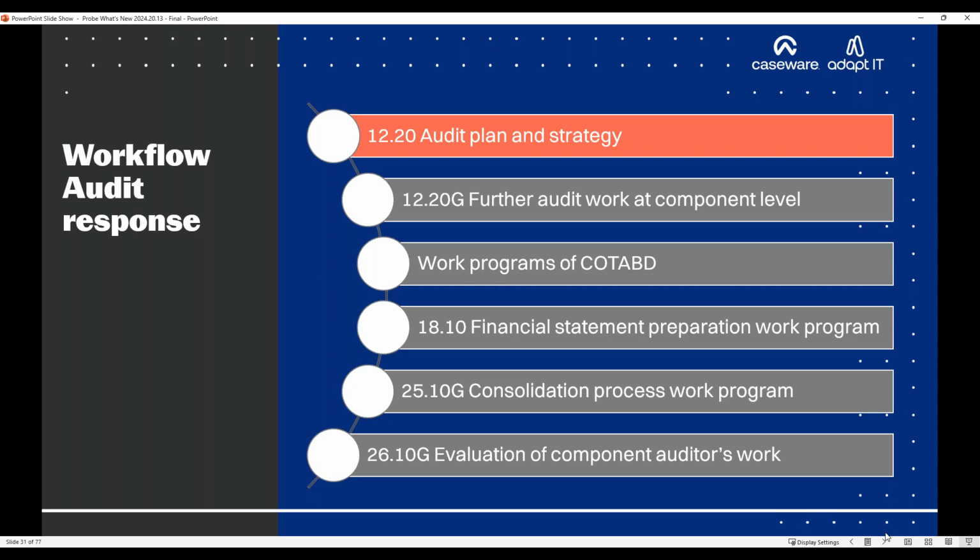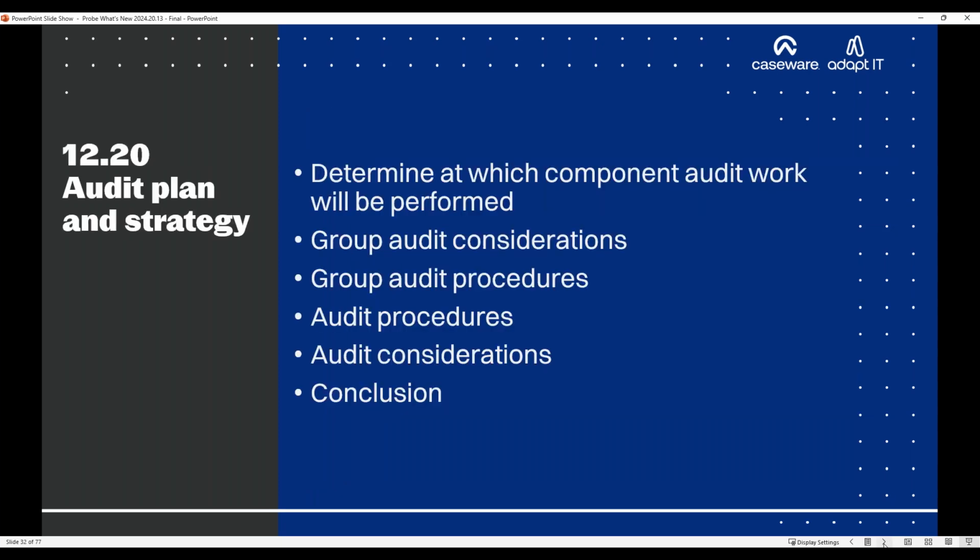So first of all, in the audit plan and strategy, there you are asked to determine at which component the work will be performed. And I'll show you how and where we do those. Next up, you will have new little sections called group audit considerations.